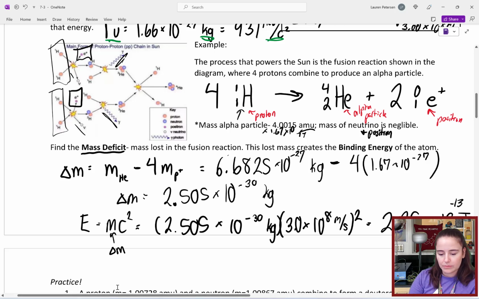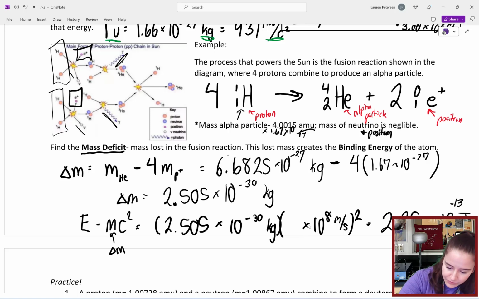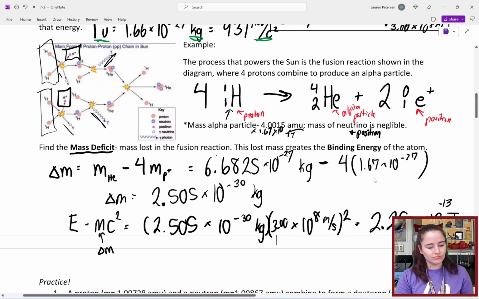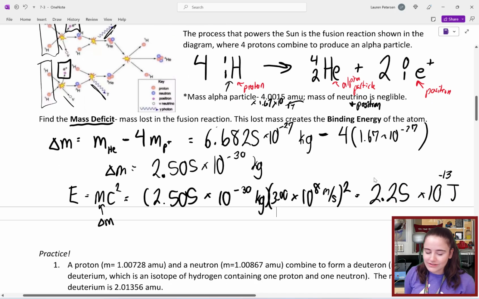And there we'll have a lower precision because we only had our speed of light to 3 digits, 3.00, as it is on our reference sheet. That's how we use E equals mc squared. Let's do another example.